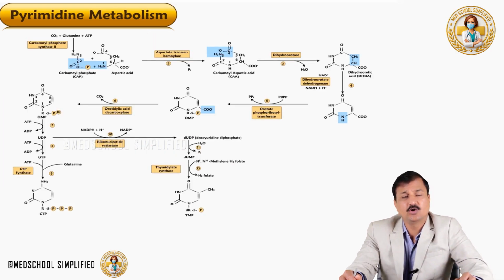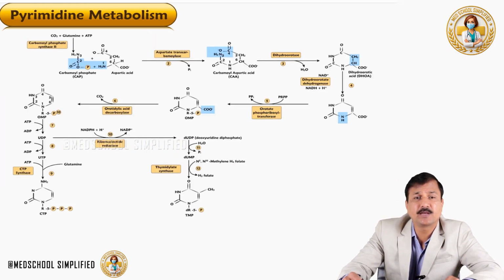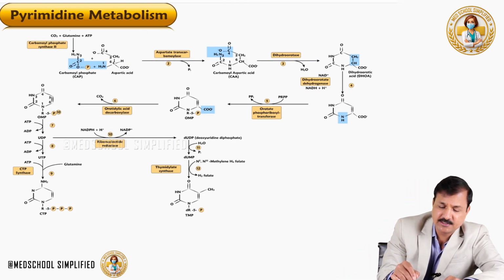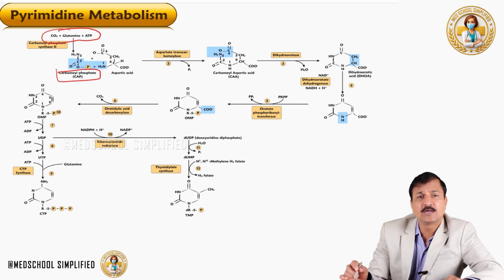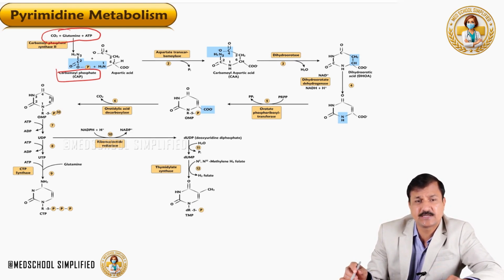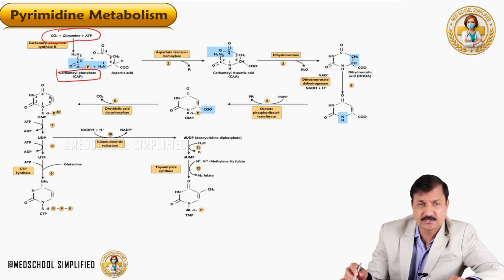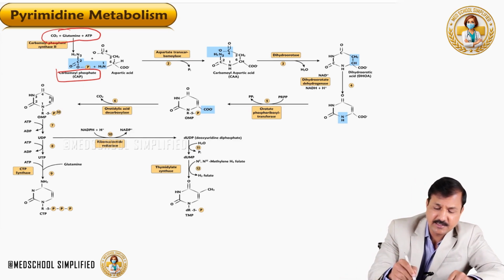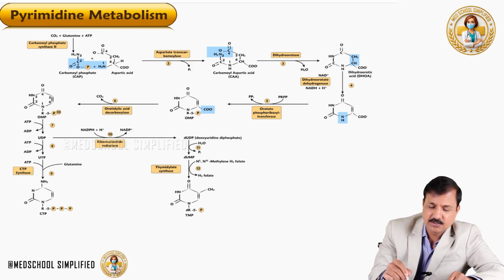Now let's get into de novo synthesis of pyrimidine nucleotides. It all starts with the condensation of carbon dioxide with glutamine and ATP to make carbamoyl phosphate, done by the carbamoyl phosphate synthetase 2 enzyme. It is the most regulated enzyme in pyrimidine biosynthesis. Remember that. Once the nitrogen comes from glutamine, aspartate comes in.